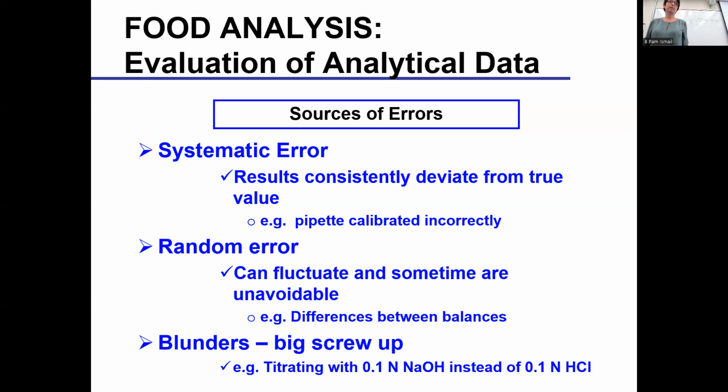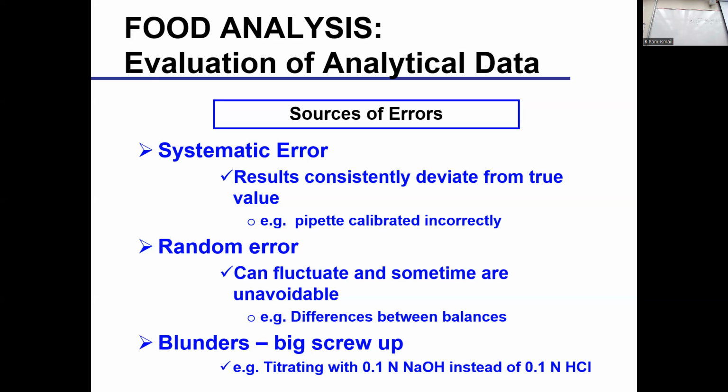Okay, blunders. We are all prone to blunders, especially on a Monday morning. I do blunders, TAs run into blunders, and of course, you guys coming sleepy after a very fun weekend. So you come to the lab, you're really tired, prone to errors. So we tell you, you have two different reagents, HCl and NaOH, next to each other, and you are determining titratable acidity.